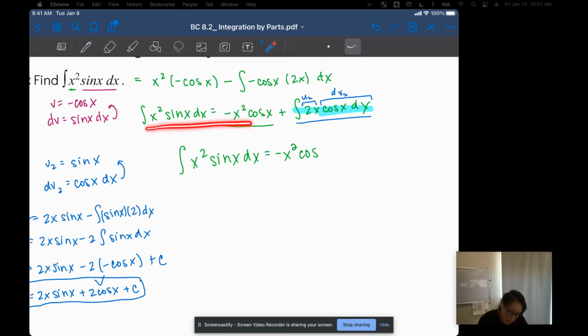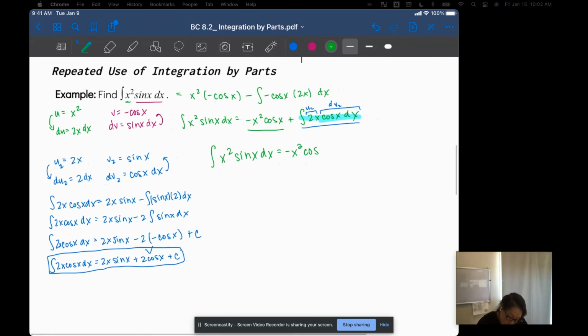So I'm taking this part right here, and then I'm going to write the equivalent expression of the integral of 2x cosine x dx, which is plus 2x sine x plus 2 cosine x plus c.